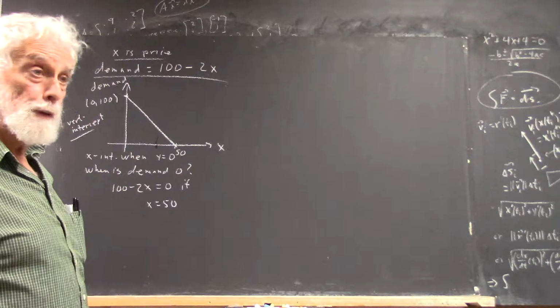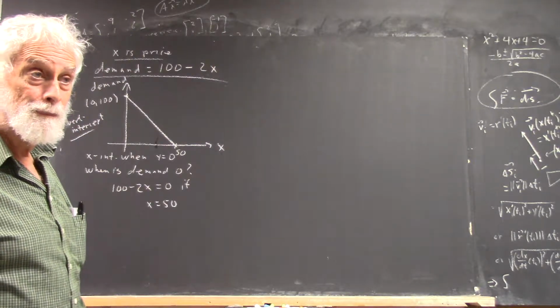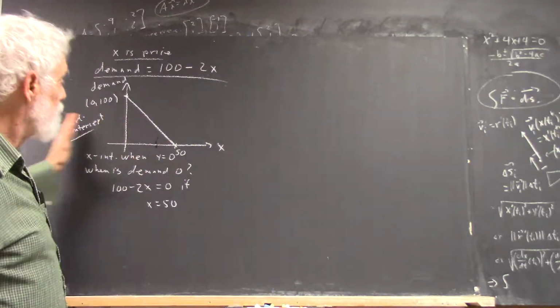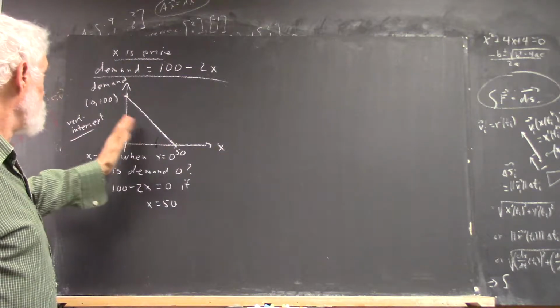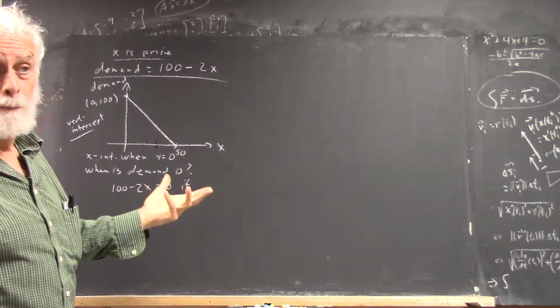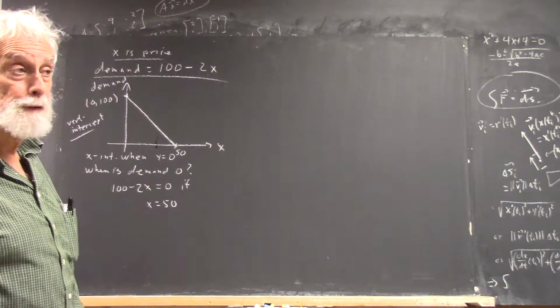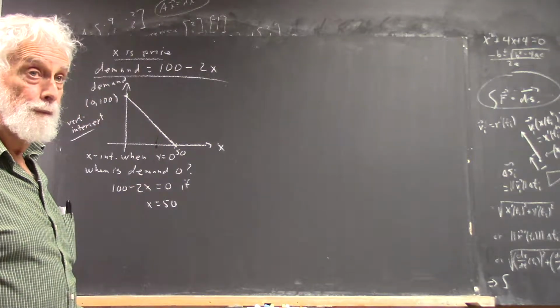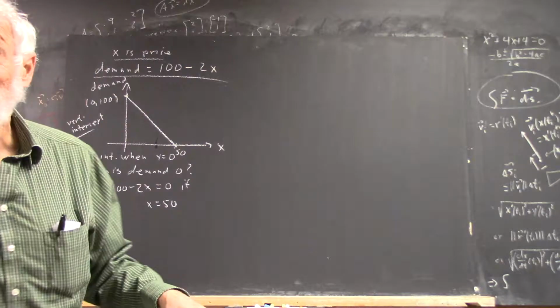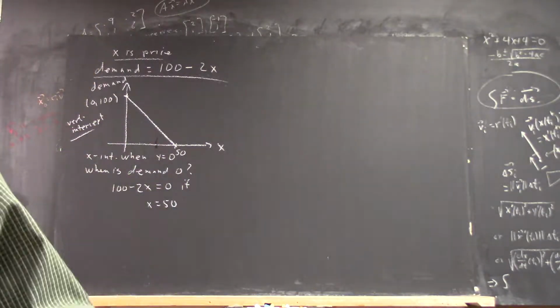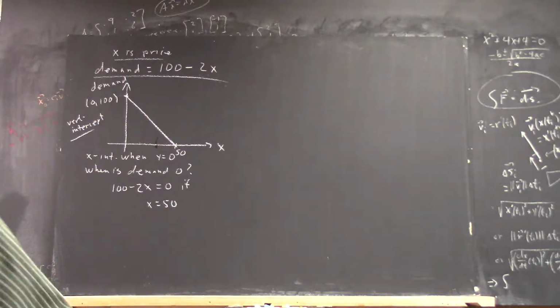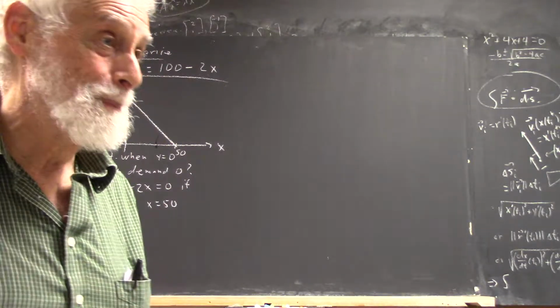Now the range of the demand function, why can't the graph continue to the left of the vertical axis, or can it? What would it mean to have a point to the left of the vertical axis? Paying people to take it. You'd be paying people to take it. Yeah, you're charging a negative amount, right?